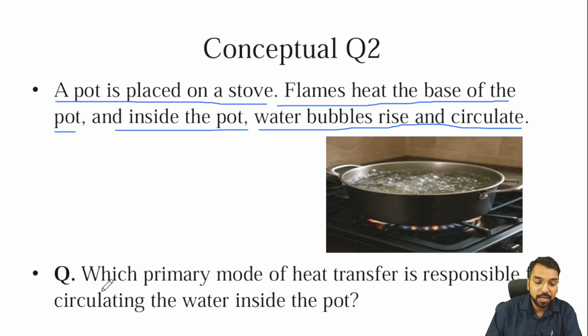So the question is: which primary mode of heat transfer is responsible for circulating the water inside the pot? What is the main mode of heat transfer that gets the water bubbles moving? Water is the fluid, and the heat is going to transfer from the stove to the hot pot, and then from the hot pot to the fluid, which is water.